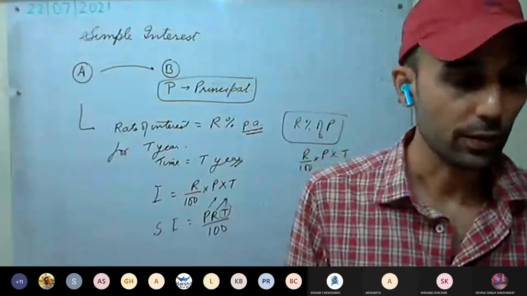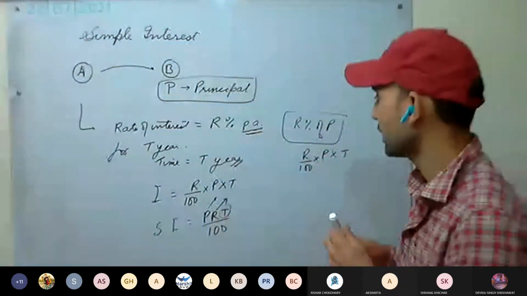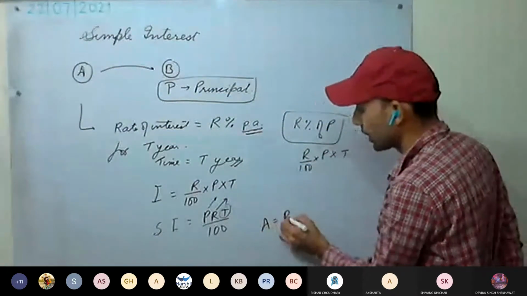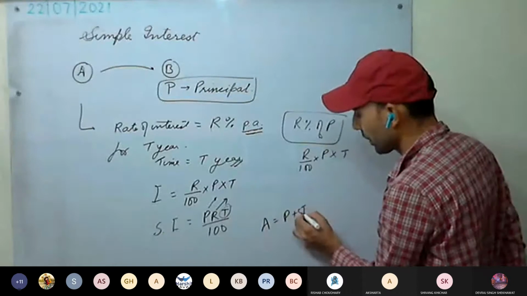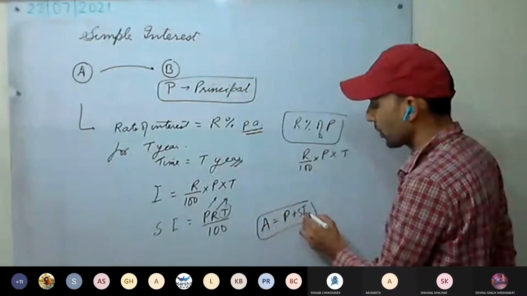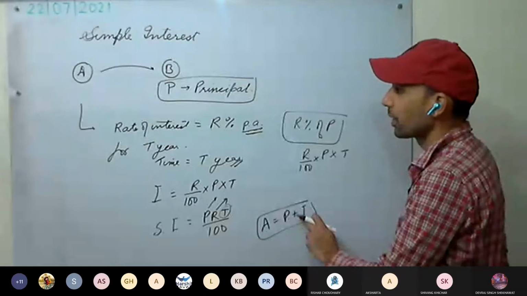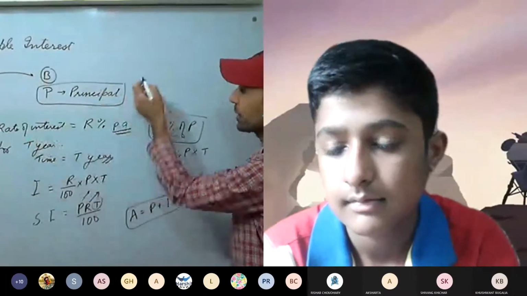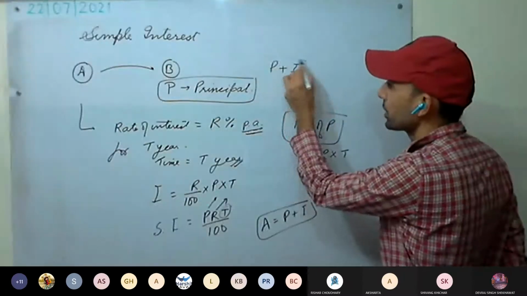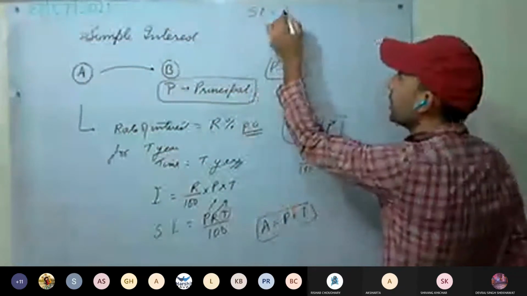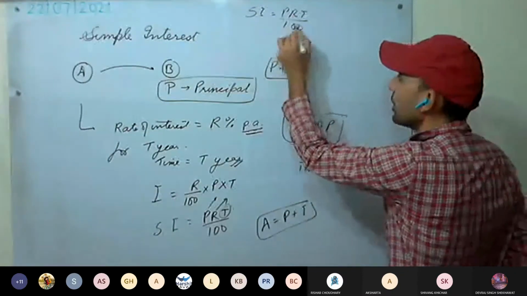Understood this much? Now, what is amount? Amount equal to principal plus simple interest. That is amount equal to principal plus interest. So total money B has to pay is principal plus interest. So whatever we have said, this simple interest is PRT upon 100.